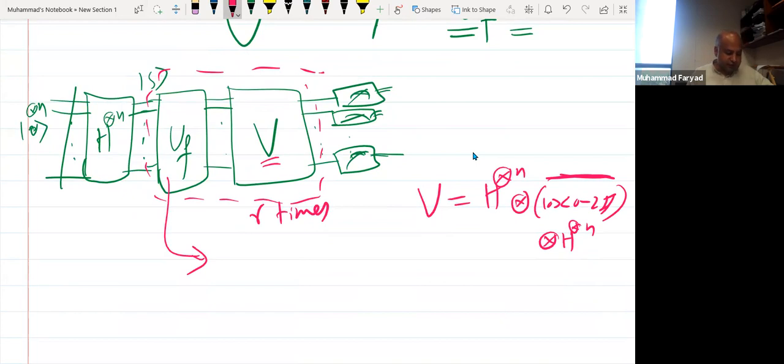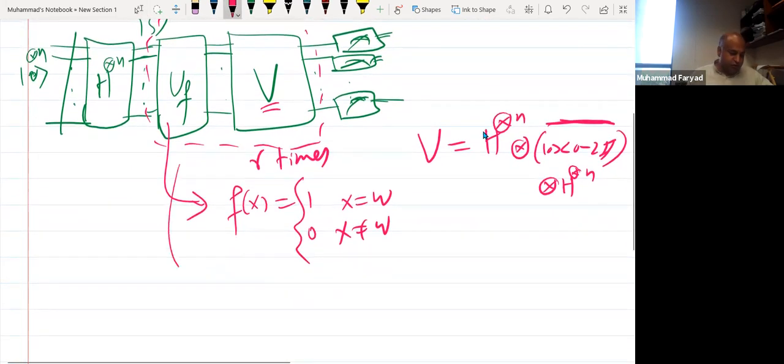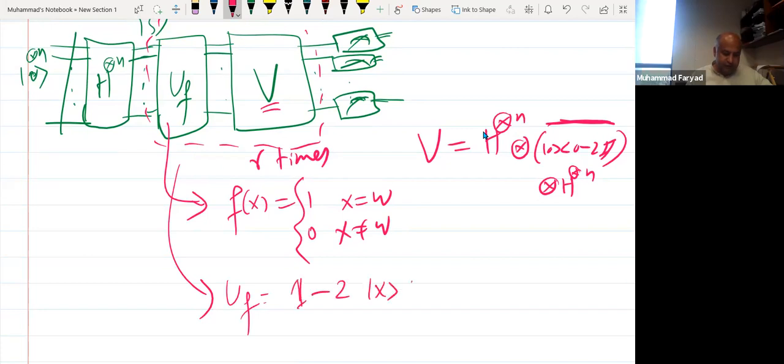So this has the property that f of x is 1 if x is equal to w, and 0 if x is not equal to w, where w is our solution. And so in general, we wrote this oracle UF as identity minus 2|w><w|, so it gives a minus sign to w.